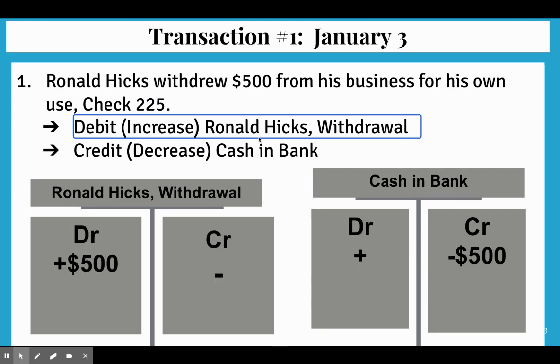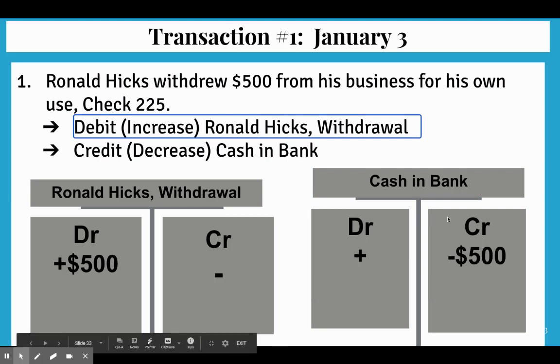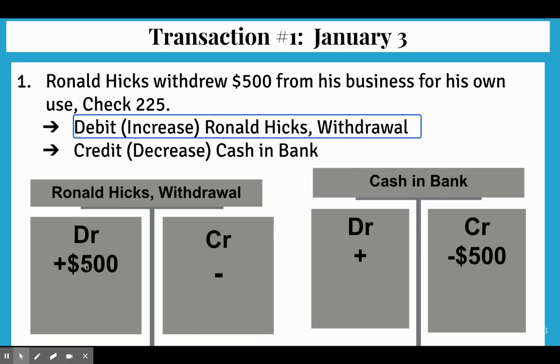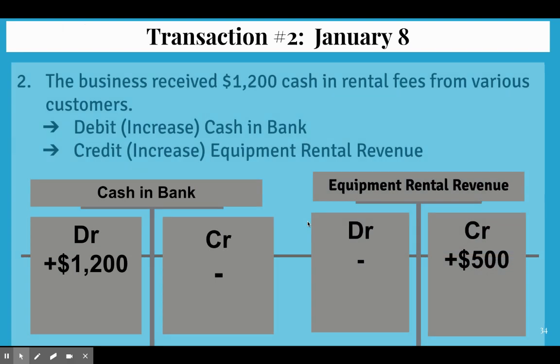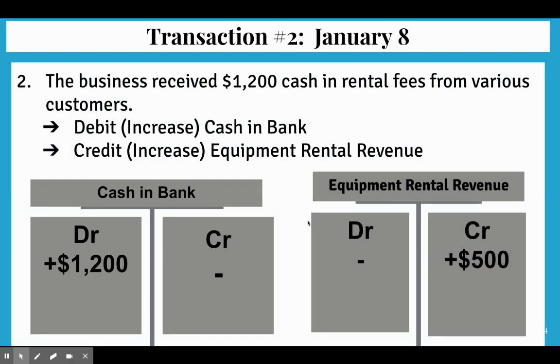Ron Hicks withdrew $500 from his business for his own use. So we have less cash in bank than we had before, so we credit that. And then Ron Hicks' withdrawal is going to be debited. Okay, let's try the next one. The business received $1,200 cash in rental fees.